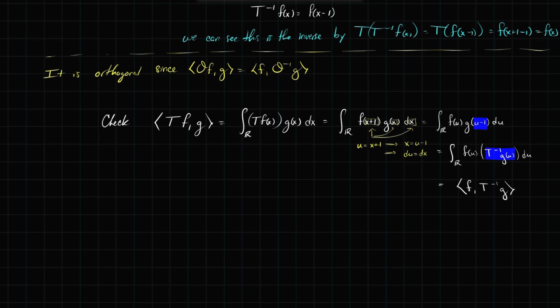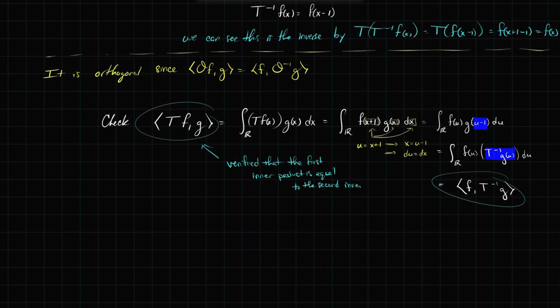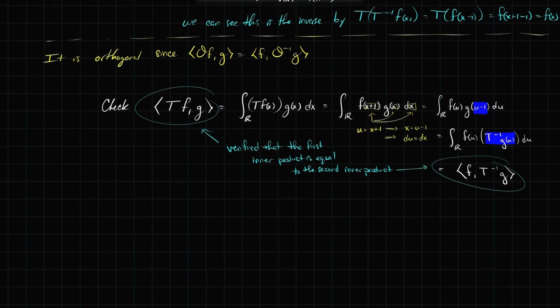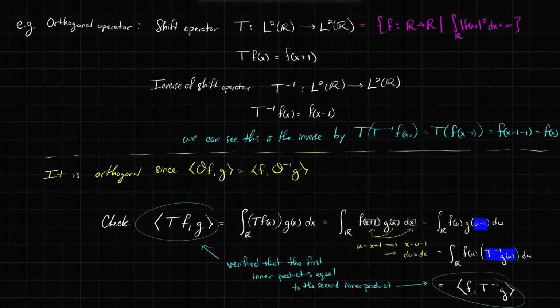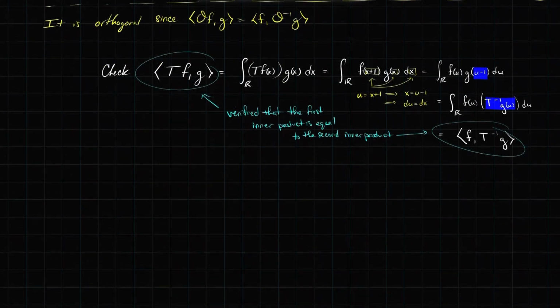And so we verified that the first inner product is equal to the second inner product, which is the one over there. Because we have a chain of equalities, that's why we gain orthogonality here. So that's a nice little example of an orthogonal operator on a function space.